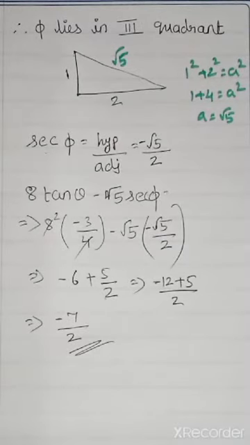That is the value of 8 tan theta minus root 5 secant phi. What is the answer? Minus 7 by 2. So with this we complete our first exercise, and all your example problems are your homework.